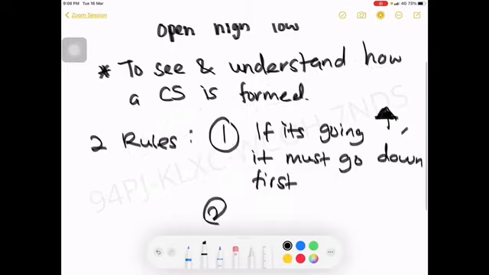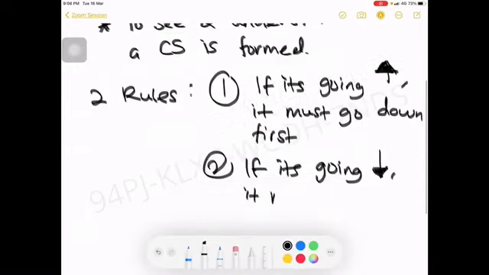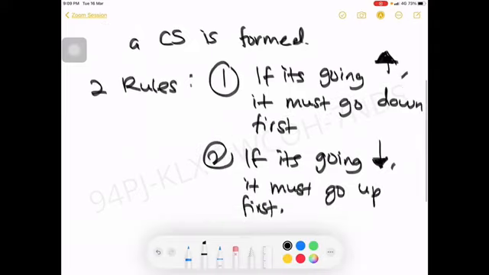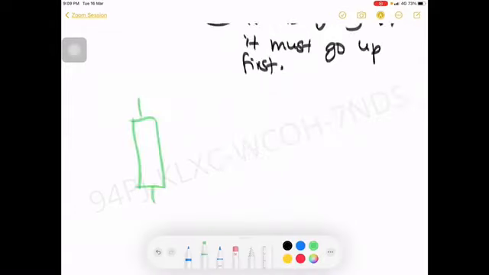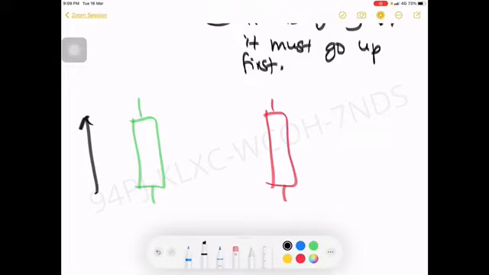And number two, if it's going down, it must go up first. So these are the rules. There's only two rules for a candlestick, which is a red one.